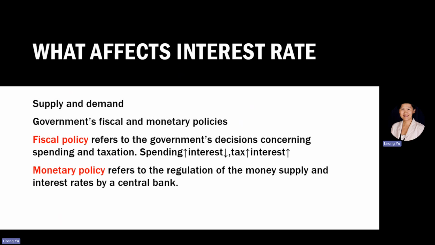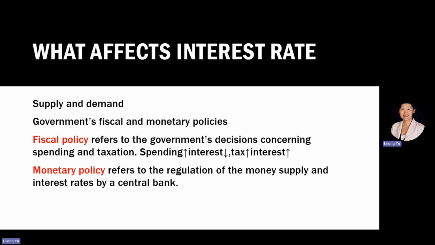Okay, so there are a lot of things that affect the interest rate. Interest or financial products are like merchandise. They also follow the supply and demand relation. So if there's more supply, the price will go down. If there's more demand, the price will go up. So what kind of policy affects it? Who's the one determining the interest rate? The government. There are two common factors. One is fiscal policy, and the other one is monetary policy.